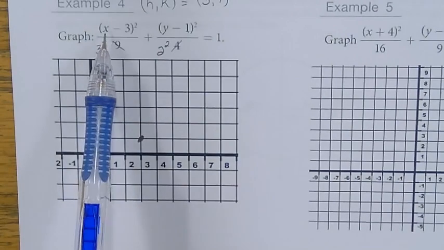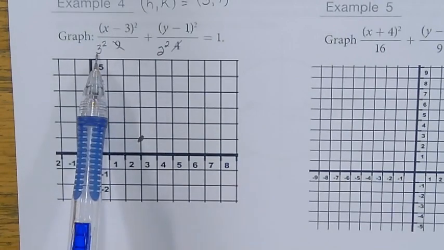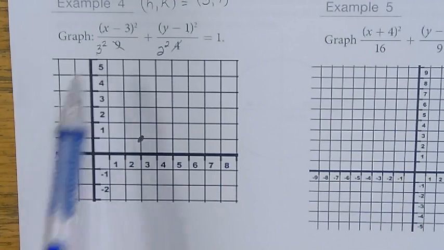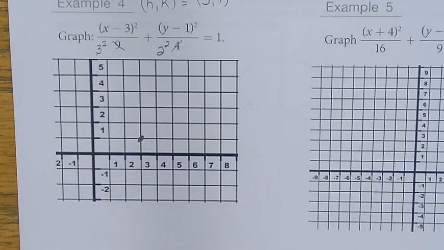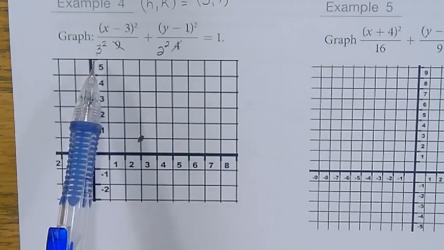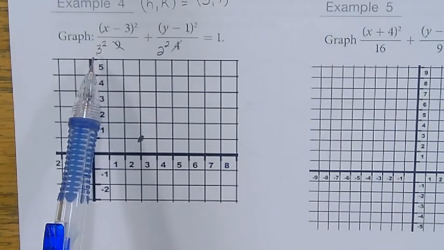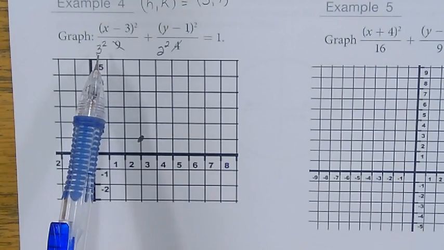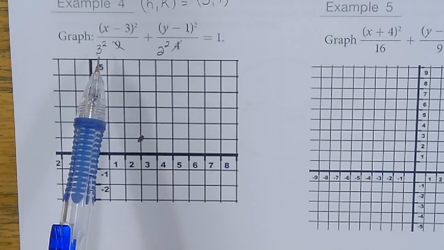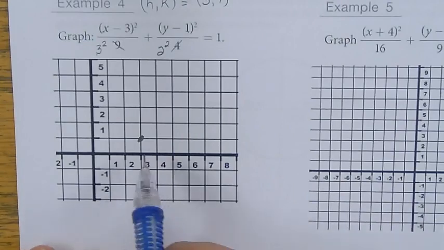So this means that our major axis is horizontal, kind of like along the x-axis, but now it's not the x-axis, it's just horizontal. And this number here, the 3, is going to tell us how far we go on each side of that center.